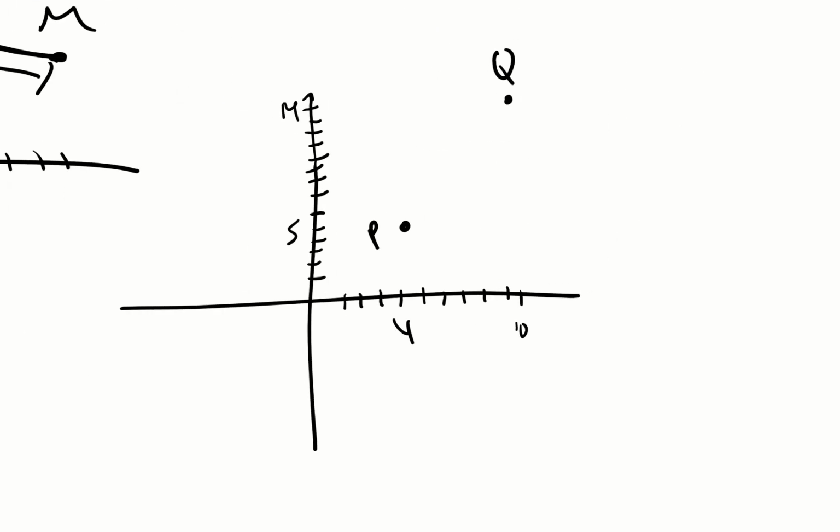Okay, so this is our line segment, and we know that R is somewhere here such that it's a 1:2 ratio. So we need to figure out where R is going to be. In order to do this, I need to figure out how long it is in the X direction and how long it is in the Y direction.